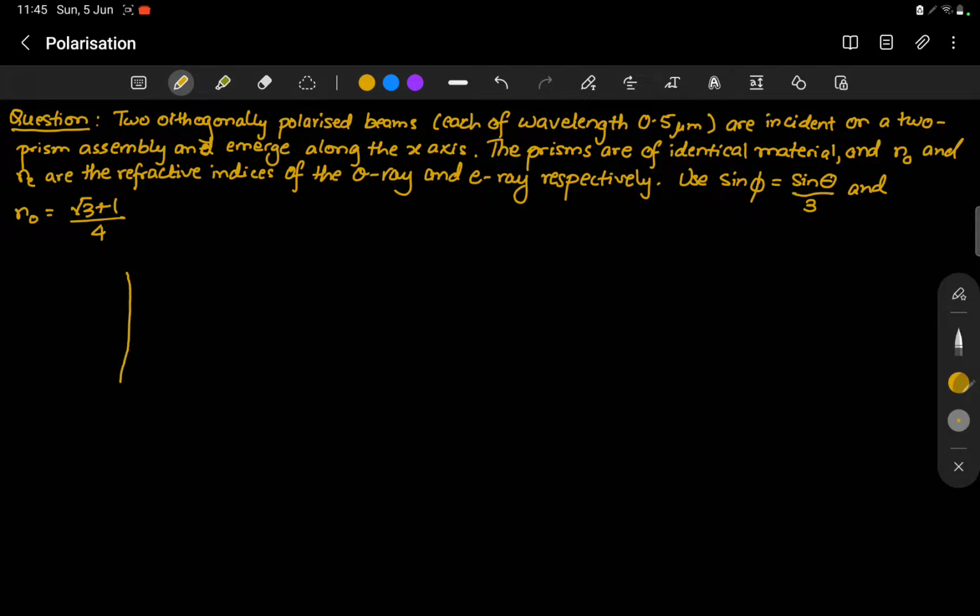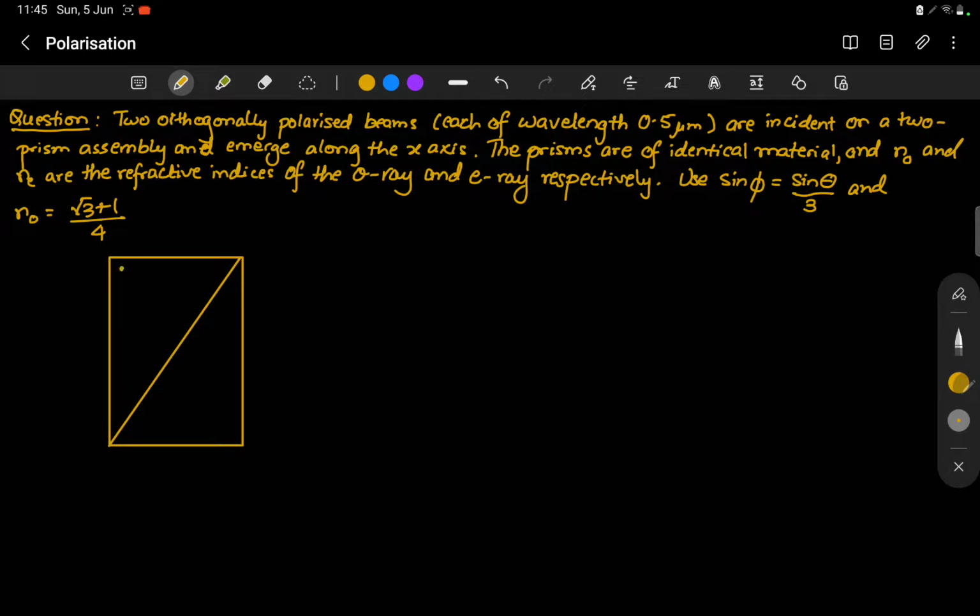So we have a two prism assembly. This is the first prism, this is the second prism.